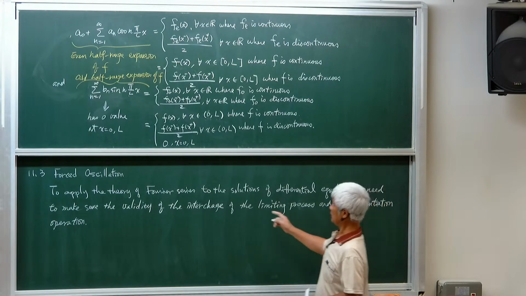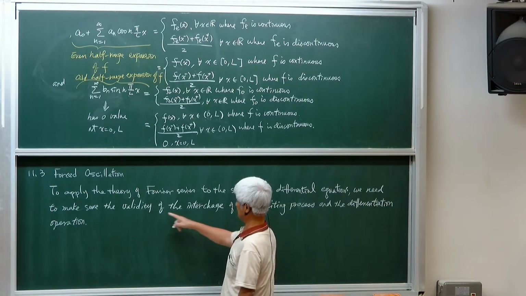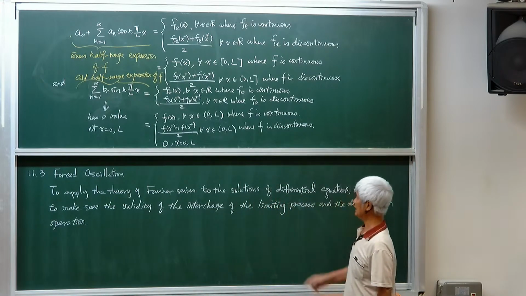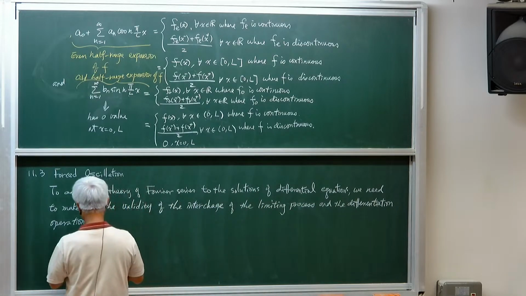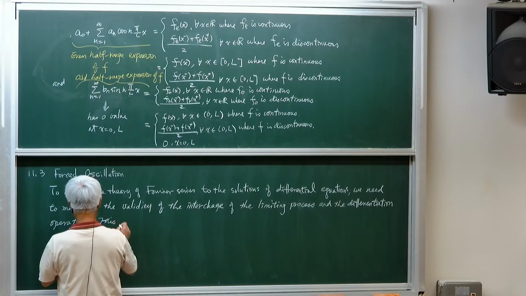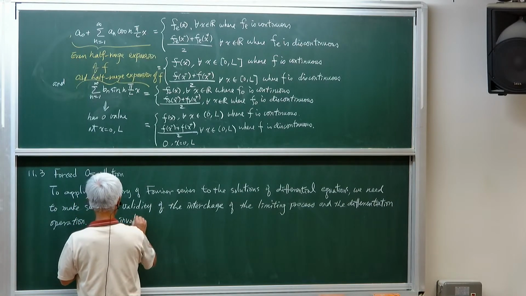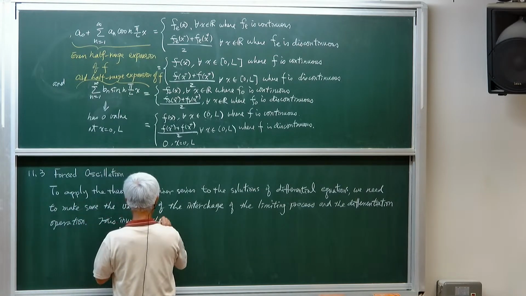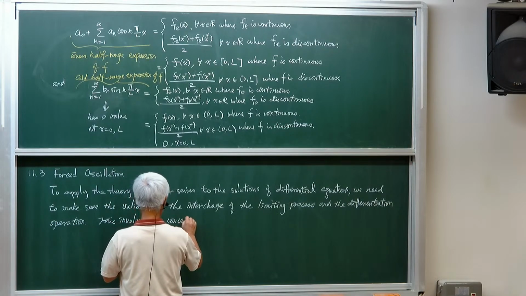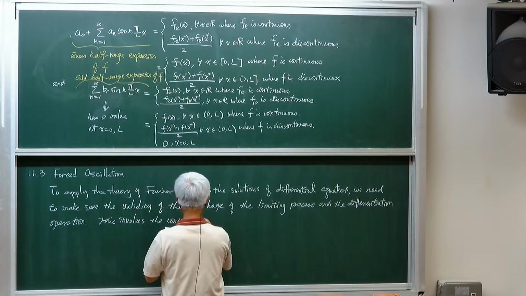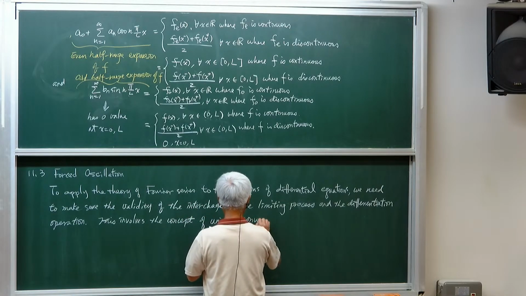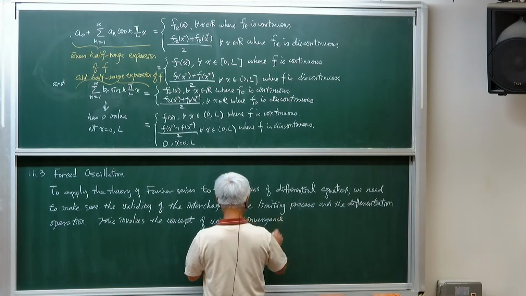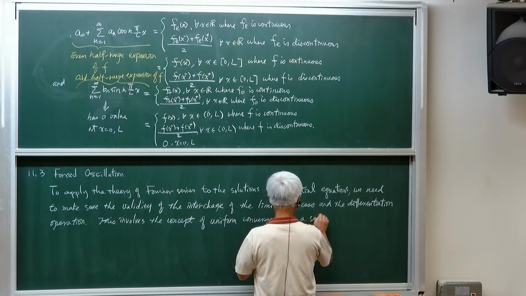Okay, so we should deal with the validity of the interchange of the limiting process and the differentiation operations. All right, and so this involves the concept of uniform convergence of a sequence of functions.